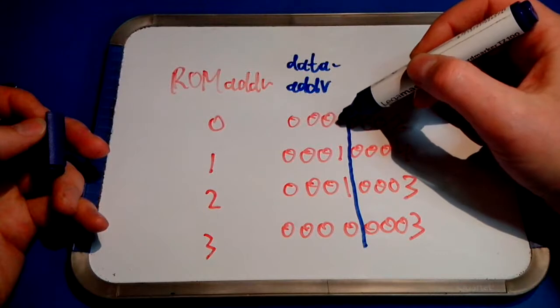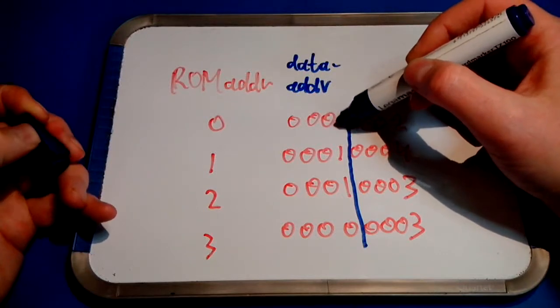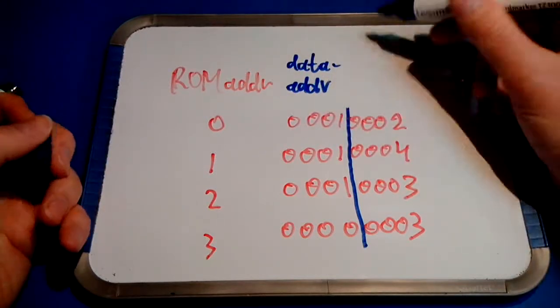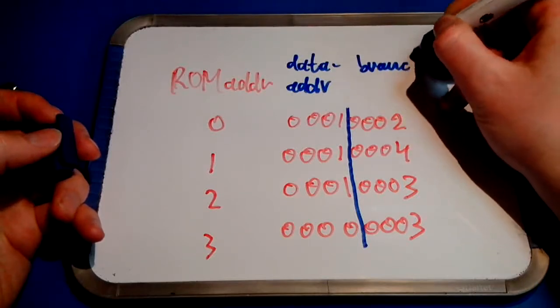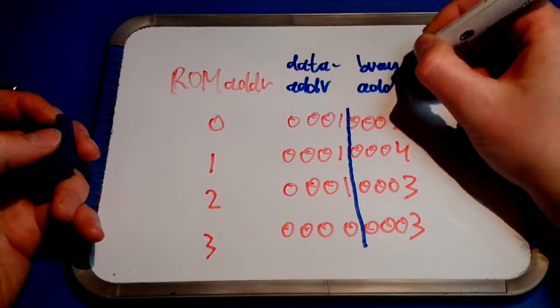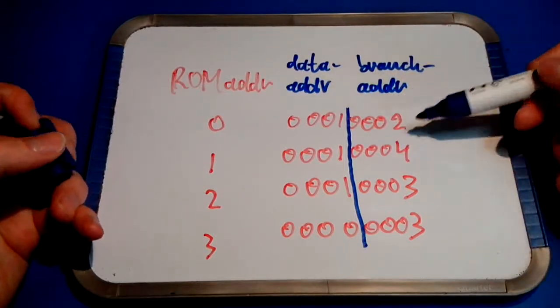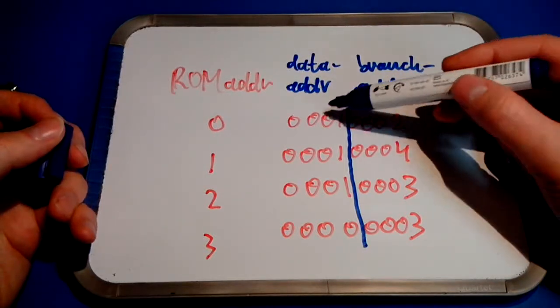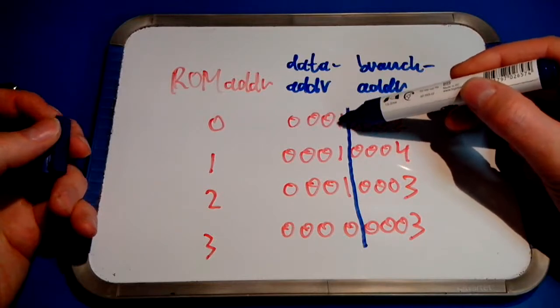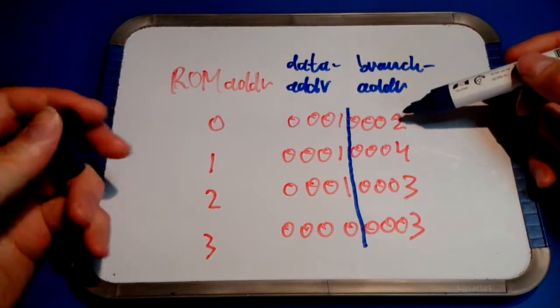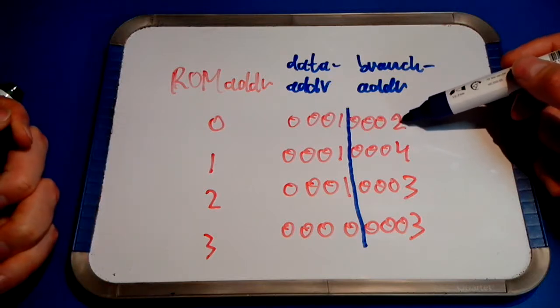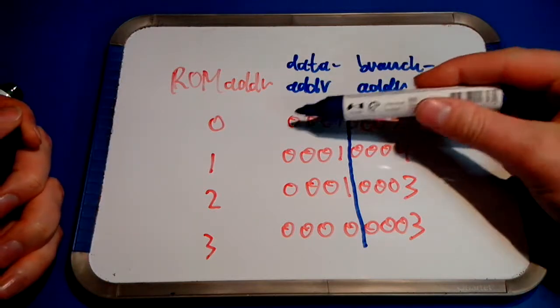So for example 0001 would be the data address of the bit to invert in the first instruction. The rightmost column is a branch address, which is an optional next program location to jump to. For example, if bit 1 after inversion would be 0, then the next program location would be 2. That's what this instruction says.